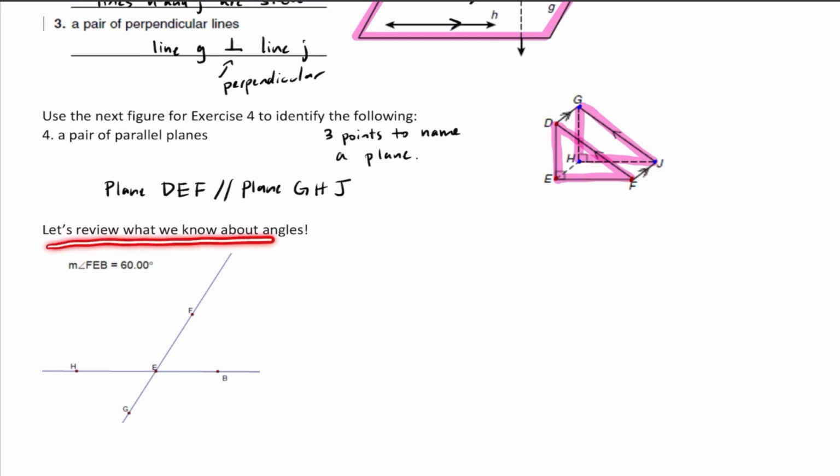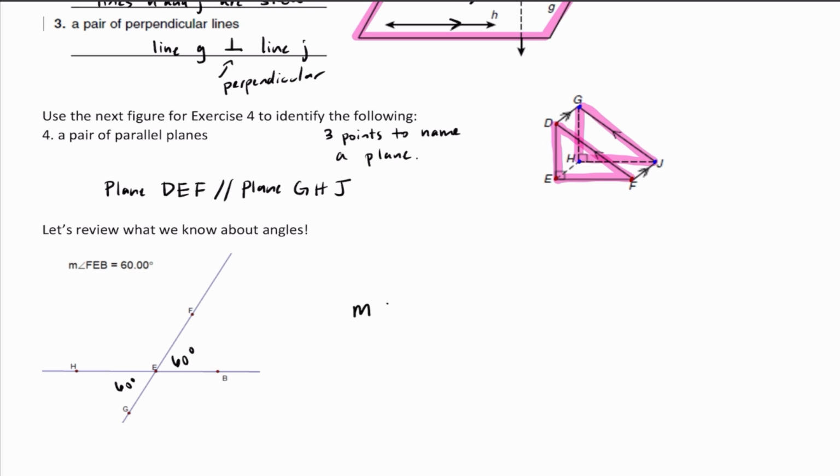Now let's review what we know about angles. We have two lines that intersect and form an X, and given the fact that measure angle FEB is 60 degrees. This is angle FEB, and that angle is 60 degrees long. And if this angle is 60 degrees, then we know that the measure angle HEG is also 60 degrees because of vertical angles.